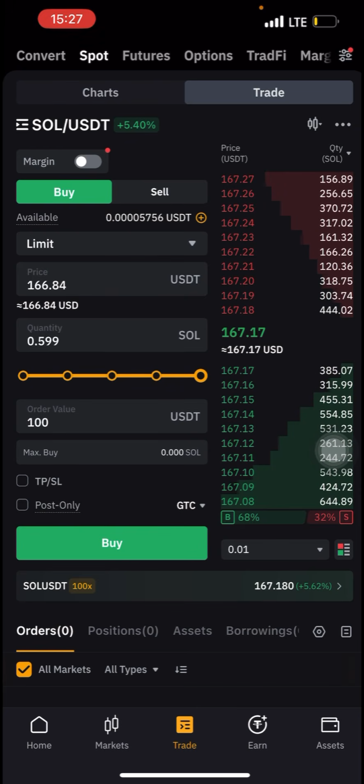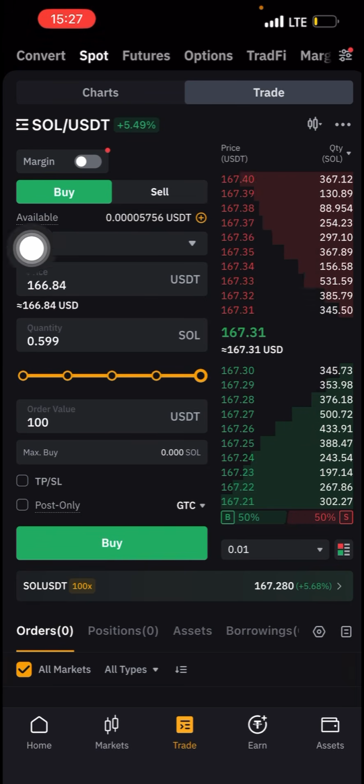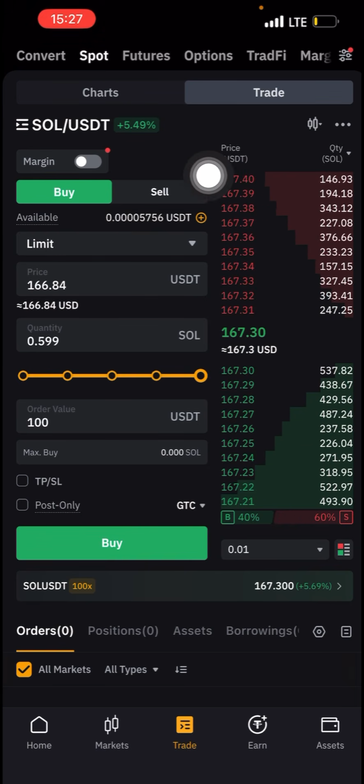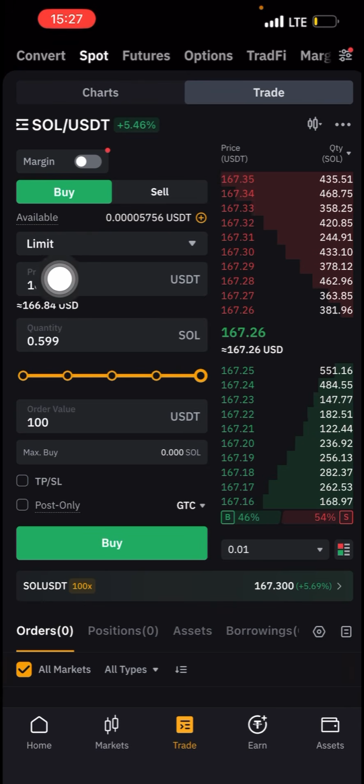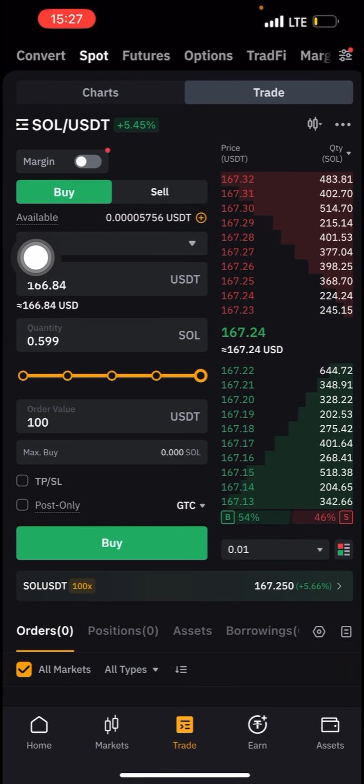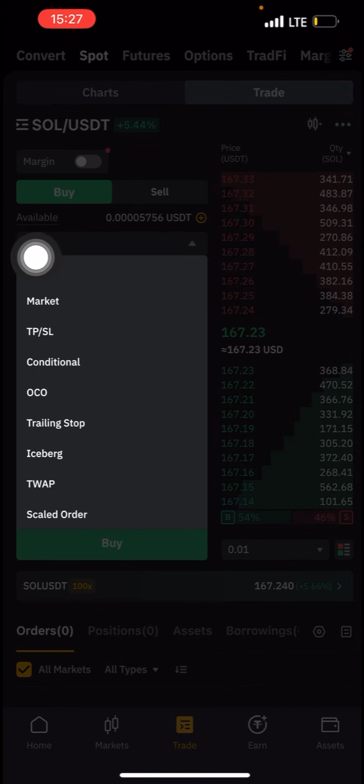So this is how you do your trade, and it's very, very simple. You can see I'm tired. I want to sleep, but I just want to do this for you. And always, if you are buying this thing, don't put it on limit. If it's on this platform, you can put it on limit.